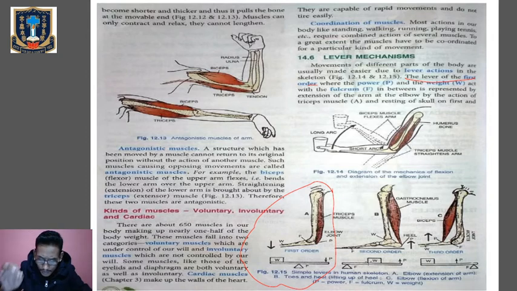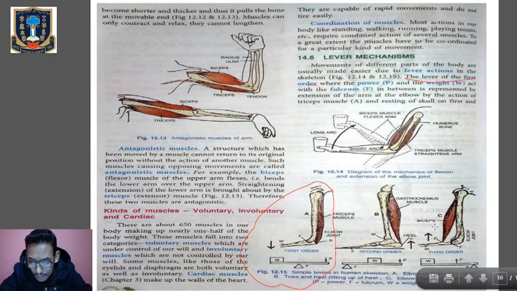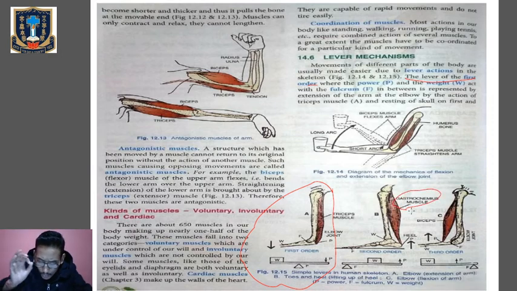This can be represented by the gastrocnemius muscles raising the weight of the body on the toes. So the second order action is represented by the gastrocnemius muscles, which help in raising the weight of the body on the toes.